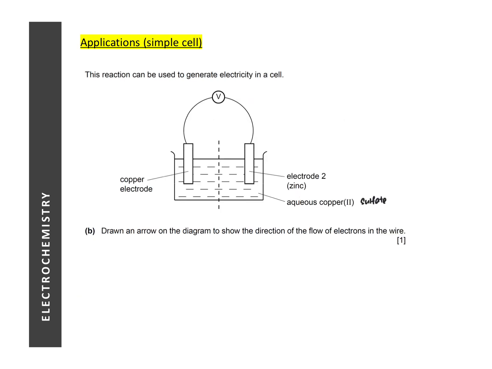Now the last type of question that we will get in electrochemistry is that of a simple cell or a galvanic cell, where we make use of a reaction that releases energy to harness that energy in the form of electricity. How do we distinguish between an electrolytic cell and a simple cell? Look at whether a battery is present.